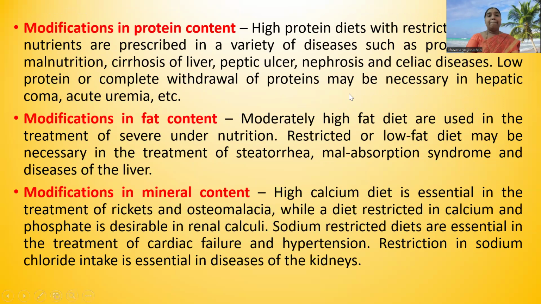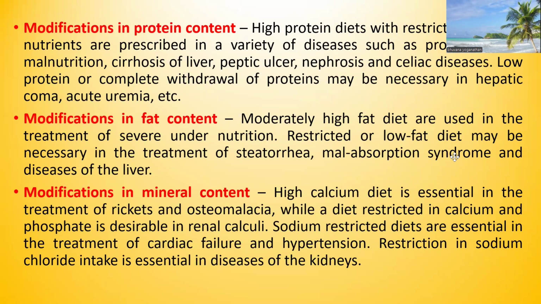Modification of protein. A high protein diet is restricted with the nutrient prescribed in a variety of diets such as low calorie, malnutrition, cirrhosis of liver, peptic ulcer, and other conditions such as nephrosis and celiac disease.